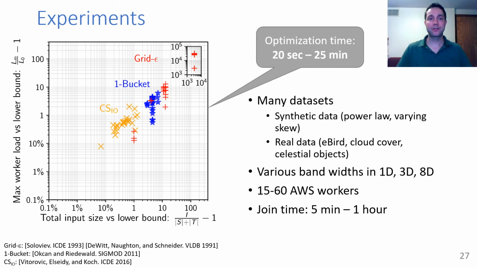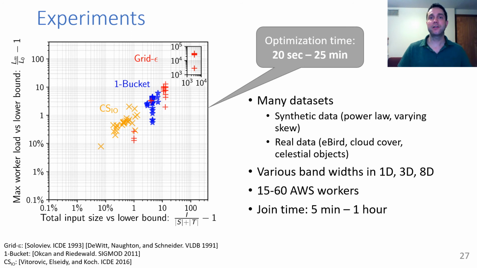The state-of-the-art competitor for band joins is CSIO. As you can see on the left, it is a lot better than one bucket and grid epsilon, in some cases only 10% worse than the lower bound, in other cases about twice as bad. The main downside of CSIO is the high optimization cost. CSIO uses rectangle tiling, which is even more expensive in terms of computation cost than the join itself.